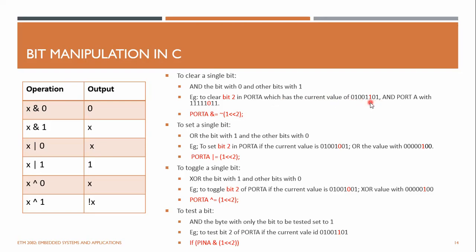This is the bit that I want to clear, and I don't want to change any other bits. So in that case, I can AND the port with this bit sequence, so this 0 will clear the bit, and I will AND all the other bits with 1.